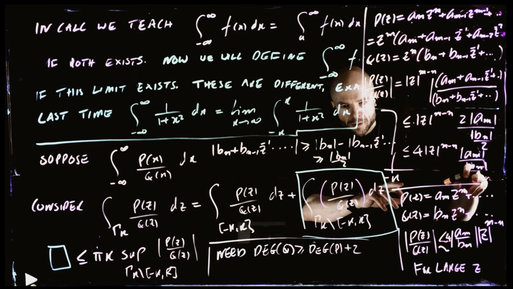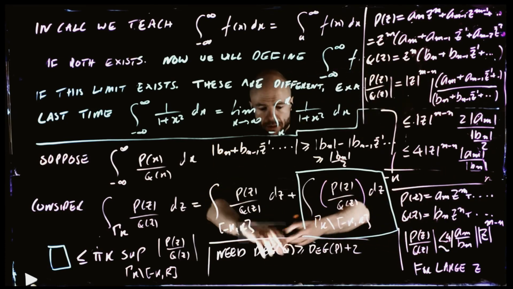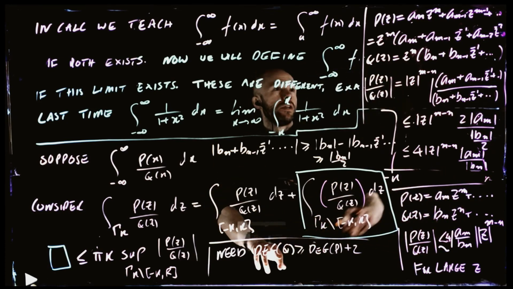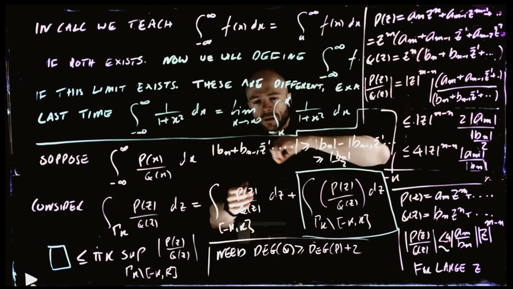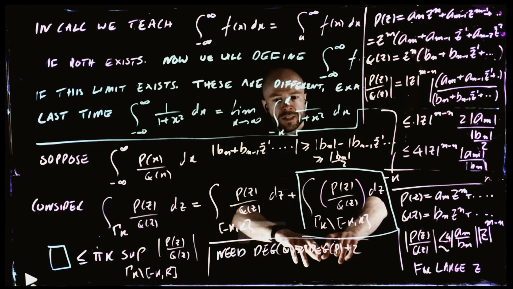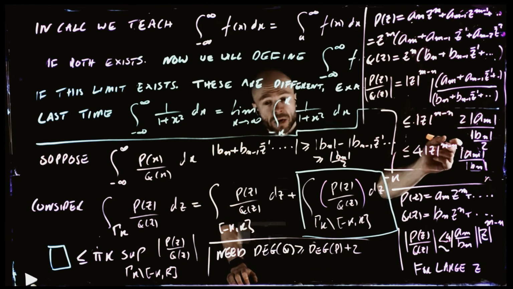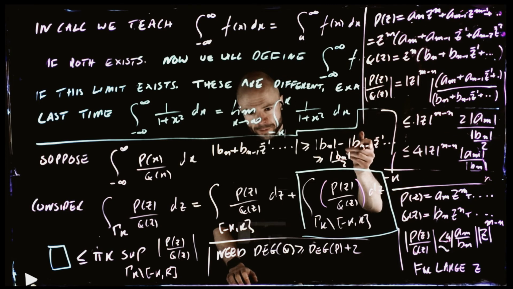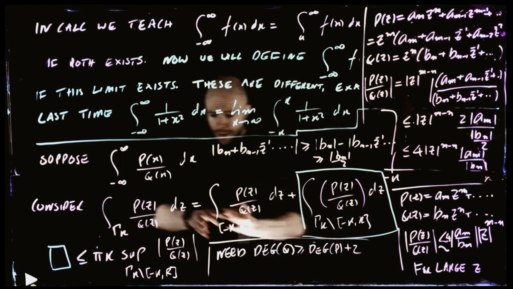And our assumption is that the degree of q, which is this n, is the degree of p, which is this m, plus at least 2. So then this exponent is at least minus 2, and that's what we need in order to take the absolute value of this thing right here.